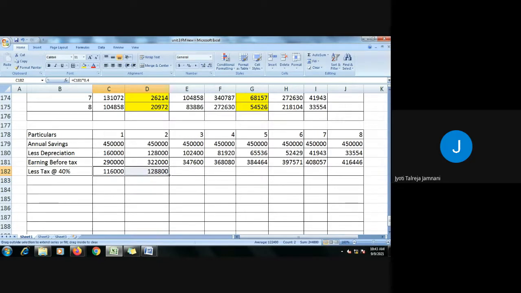Similarly, for all the years, we'll find the tax. So the next step is... I'm not taking the decimals and rounding it off because the problem is already very lengthy. After you less tax, you will get earning after tax, which is equal to earning before tax minus the tax.